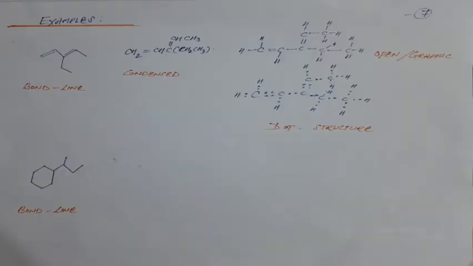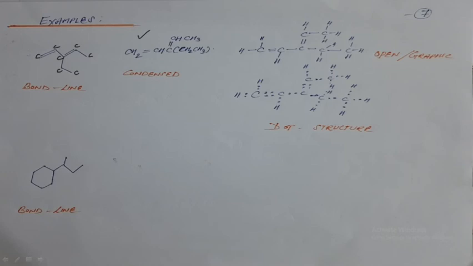Next we do some examples, like this bond line example. Here each position represents a carbon, and after writing the position of the carbon, we can write the total number of hydrogens. If we are going to write the condensed or open form from the bond line, as already written here, this is the condensed form.